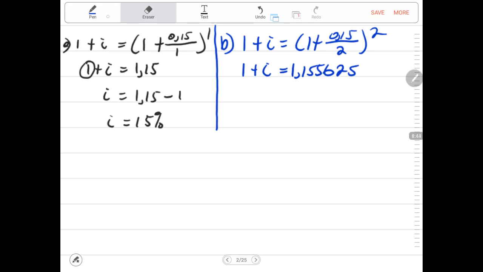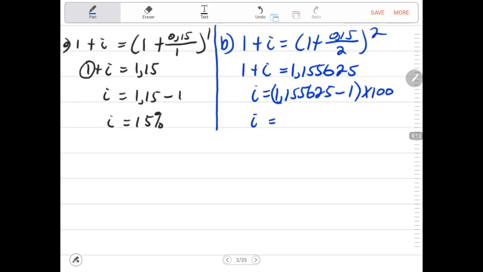Then what is left now will be I equals 1.155625 minus 1. Your calculator still has the answer in it. Then what do you do? You just say minus 1. Then after that, you get your I being equal to, and it's very important to close brackets here so that you can say multiply by 100.